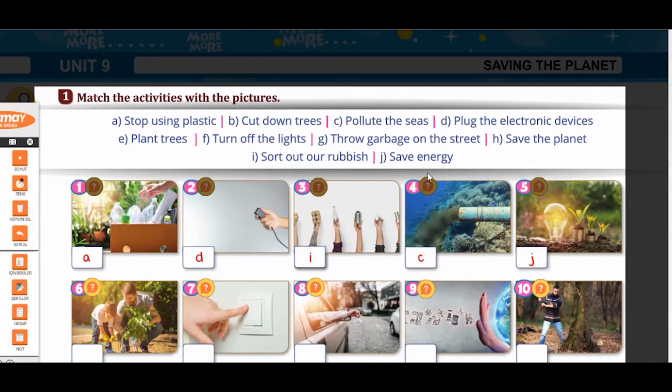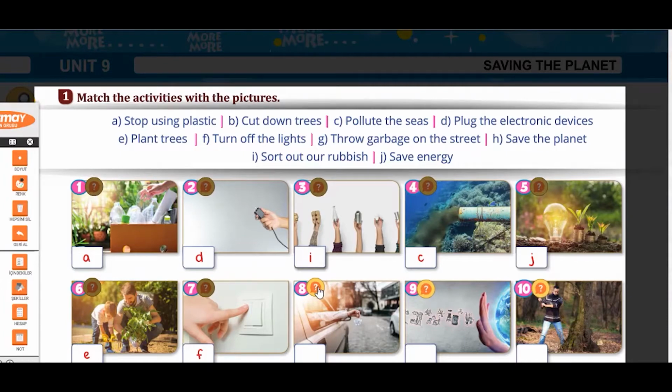It's J. Save energy. Number 6. It's E. Plant trees. Number 7. It's F. Turn off the lights.